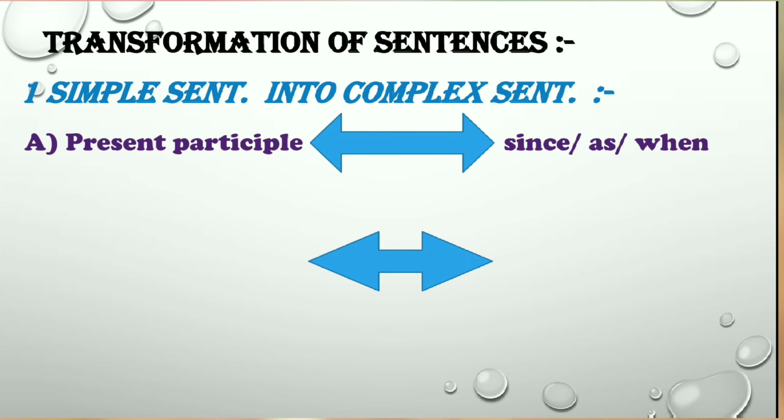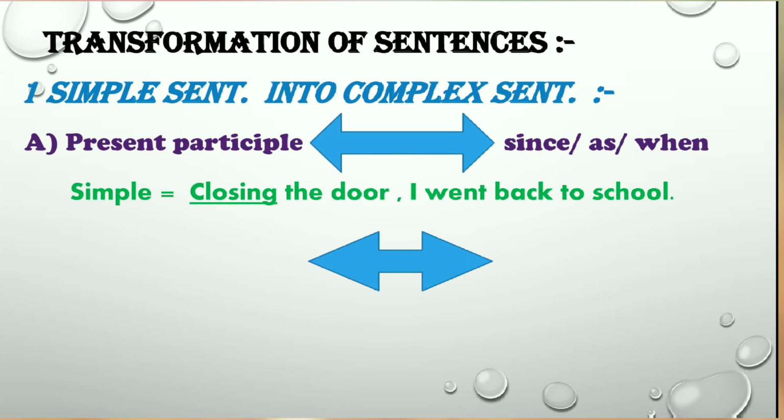Let's see the first one. Present participle. If it is used in a simple sentence, you can change it with since, as or when, and you can make a simple sentence a complex sentence. Let's see the simple sentence. Closing the door, I went back to school. Now here, closing is a present participle.